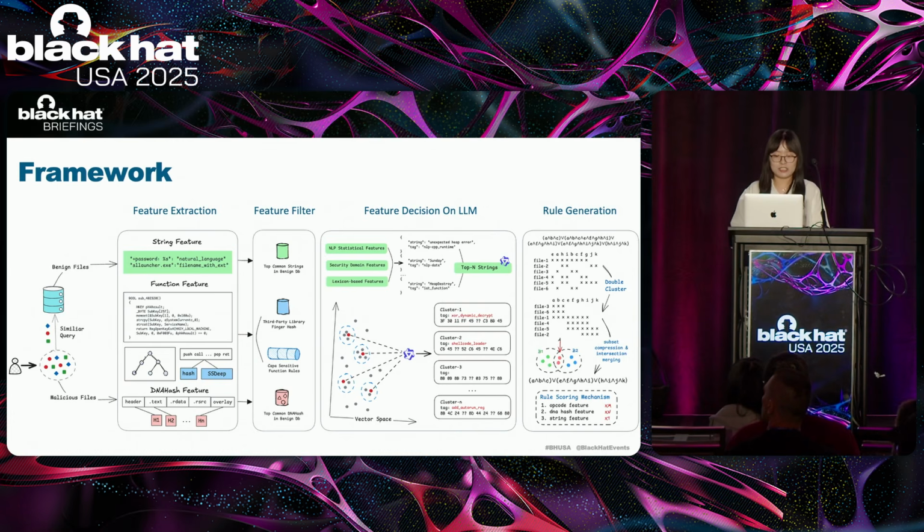In the feature decision model, a large model is used to select string features, identify function behavior, and extract opcode sequences. Finally, the last model generates rules based on the evaluation results and the feature distribution. Now, I will present each model by addressing the problem and the corresponding solution.